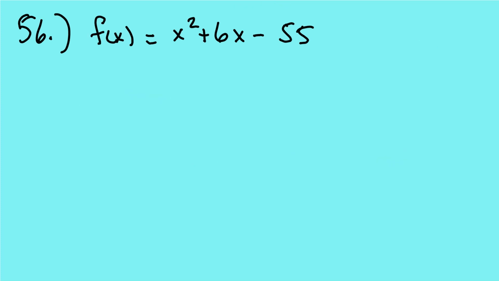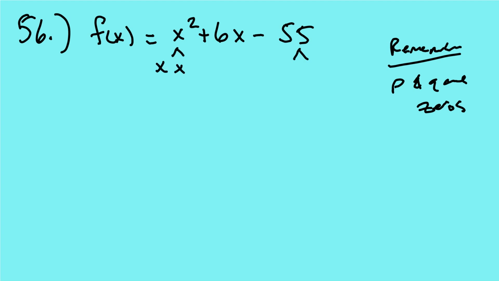Alright, 56, they have f of x equals x squared plus 6x minus 55. Remember, it says what are the zeros? P and Q are zeros. So when I find P and Q, I'm finding the zeros. So how do I get x squared? X and x. How do I get negative 55? I know 1 and negative 55 and 5 and negative 11. Now that gives me negative 6.